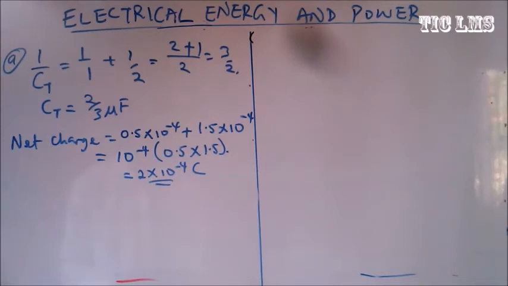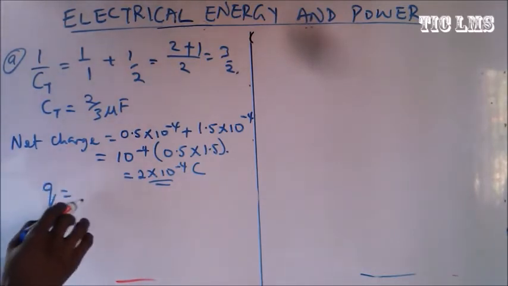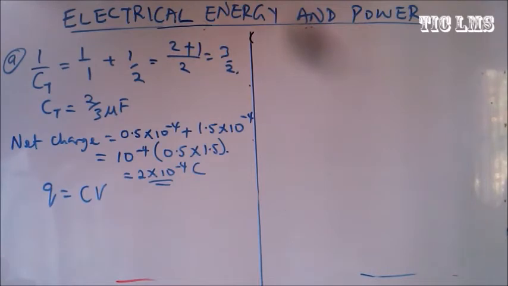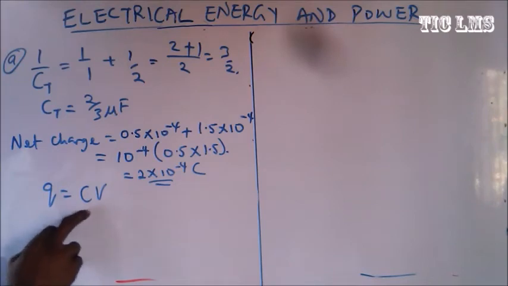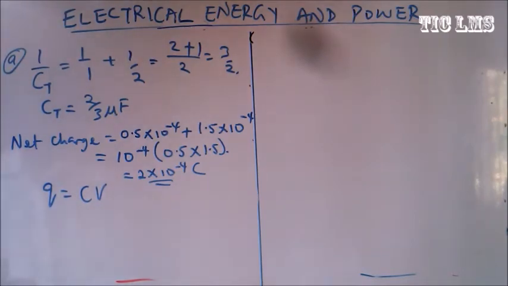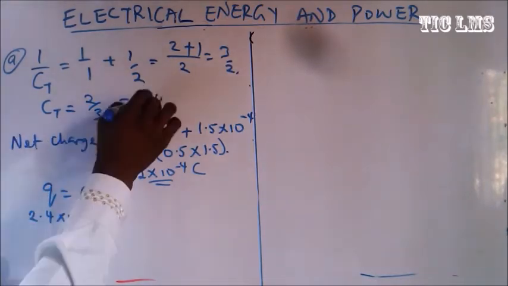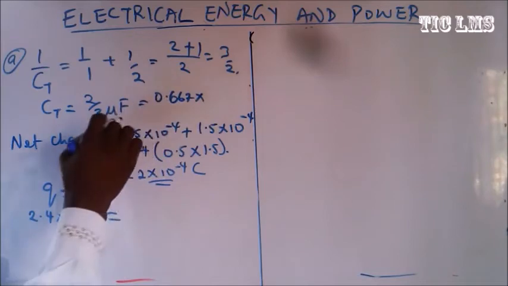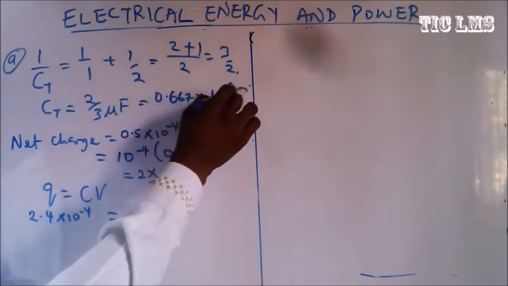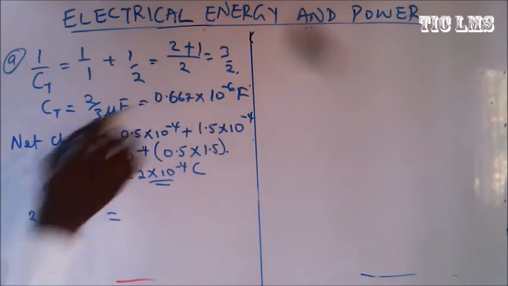So we are told to calculate the potential difference across the combination. And here we have a formula that says that Q equals to CV. Now this is a formula that is related to the charge that is stored by a capacitor. So here our Q is the charge, which is 2 times 10 raised by minus 4. The capacitance is 0.667 times 10 raised by minus 6 farad, that micro, this is it here.